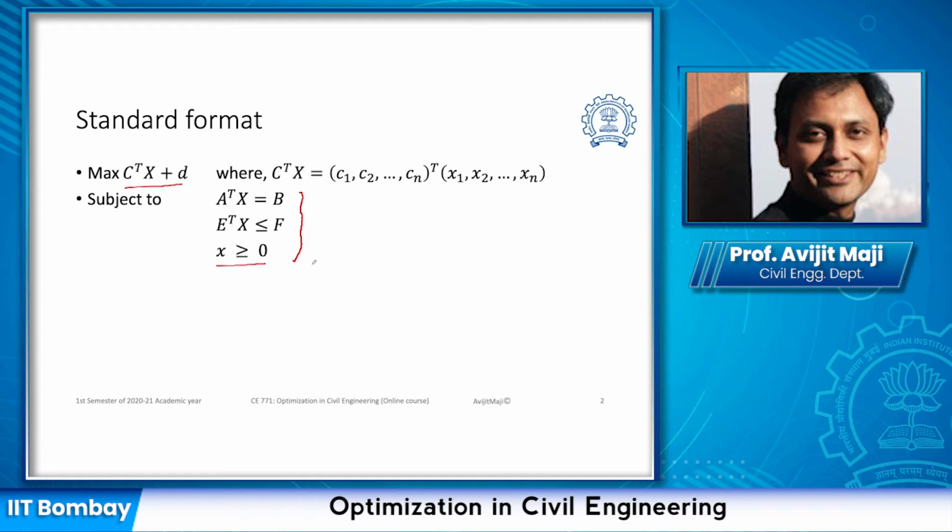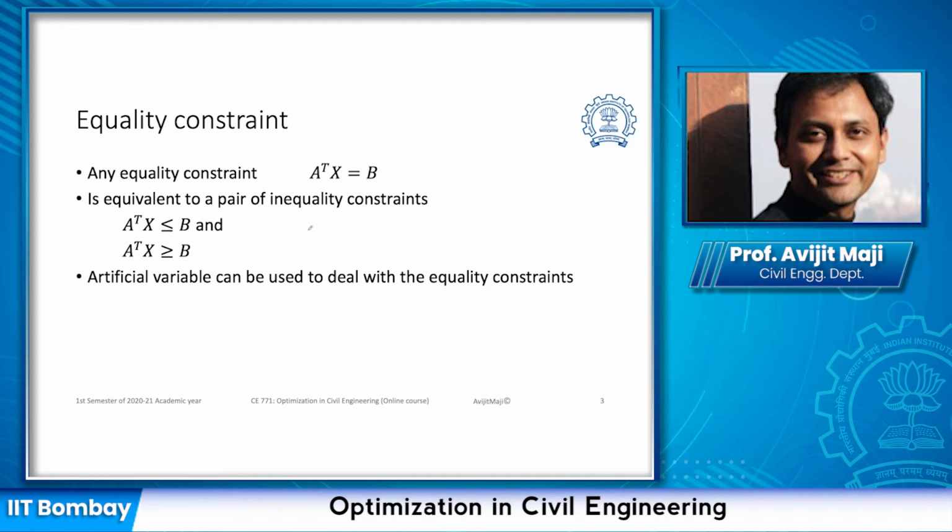Whenever we are looking into the standard format, and if we are looking into the equality constraint, the equality constraint can be represented as a pair of inequality constraints, which is represented here, which is less or equal to the constant, as well as greater or equal to the constant. So these two inequality constraints can bring the value to the equality constraint, which will satisfy this particular equation.